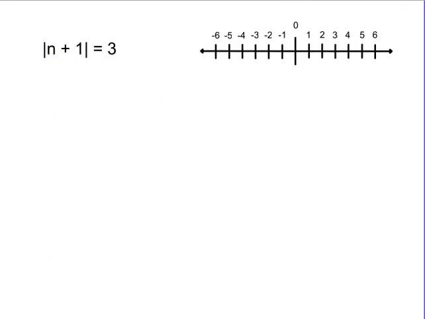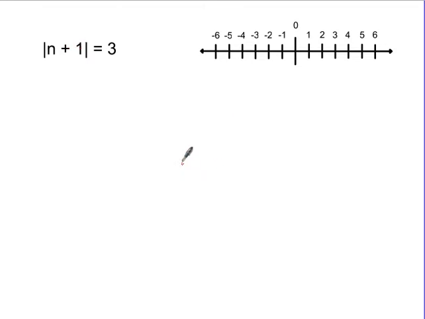Whatever is inside these brackets, when I'm done adding n and 1 together, it could have started out as a negative number and ended up as -3, or it could have started as a positive number and come out to be +3. Catch what I'm saying? We've got to have two solutions, two possible answers. And now, because everything is inside the brackets, we've got to show what both of those answers could be.